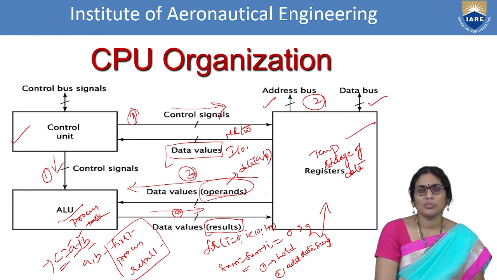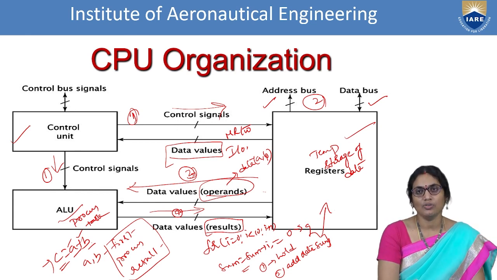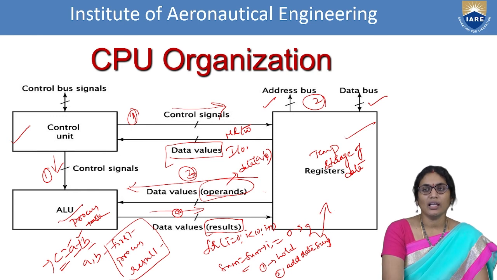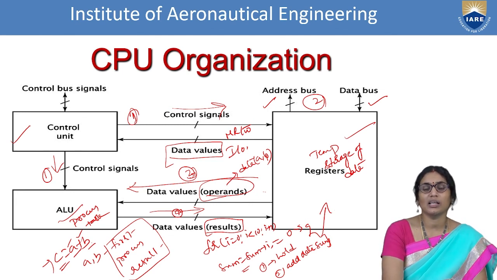So these signaling operations are generated by means of control signals and data value representations. Whereas ALU is a unit which performs exclusively task executions. What kind of task? It is dependent purely on the arithmetic and logic operations along with shift operations. So all these operations are generally performed in ALU.